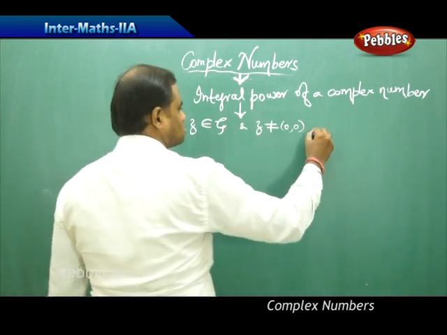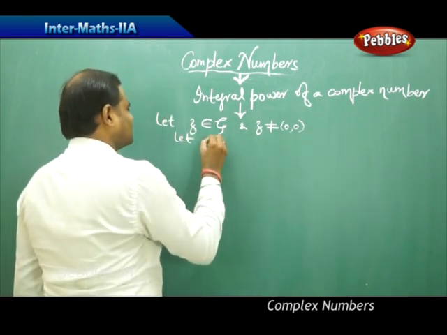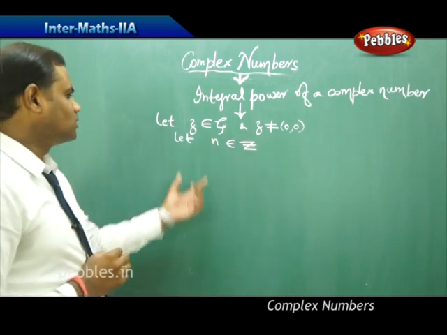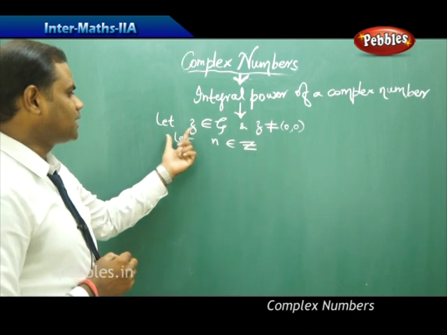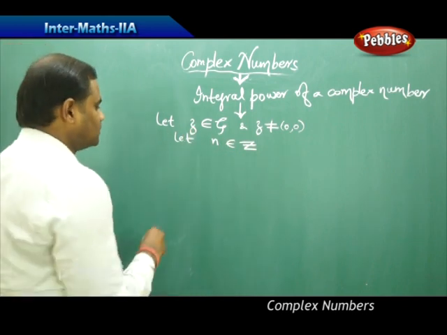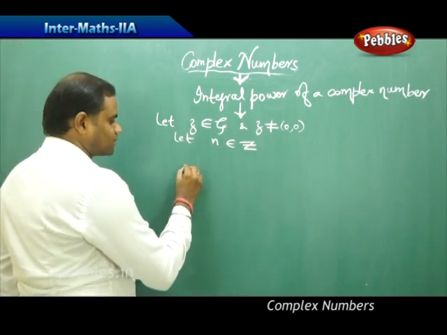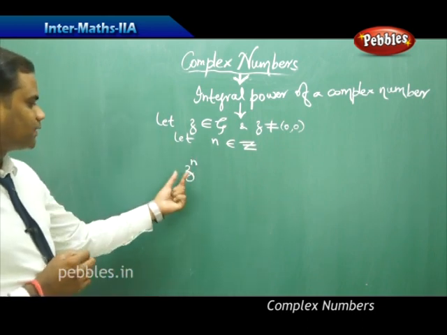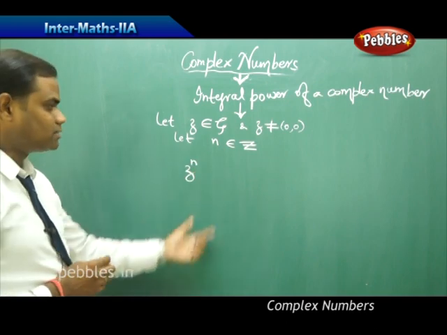And next, let n belong to the integers. With n being an integer and z being a non-zero complex number, we have various properties for the integral power, that is, when I raise the complex number to some power which is an integer.